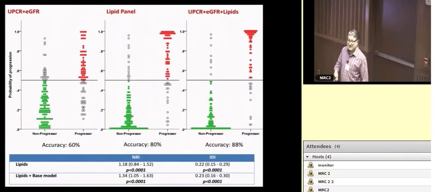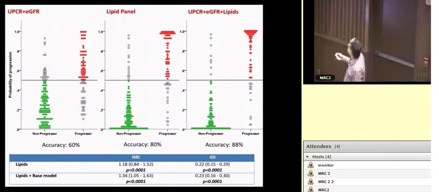The idea is that if we use the lipid panel or proposed biomarkers and add it to the base model, is it going to be doing any better? So if you look at the lipid panel, you could see that the number of correctly classified progressors and correctly classified non-progressors has increased so that the total accuracy increased from 60% to 80%.